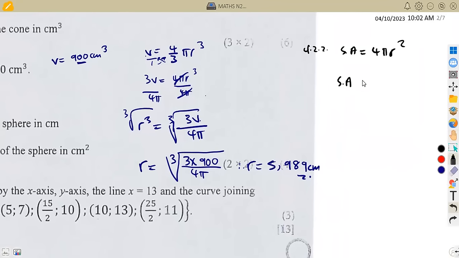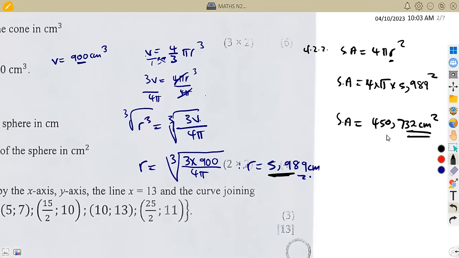We have the radius now, so it's 4 times pi times the radius that we just got, 5.989, squared. This is going to be something like 450.732 square centimeters. Remember, that's area, and area is measured in square centimeters. Okay, so that is how you could have calculated this.